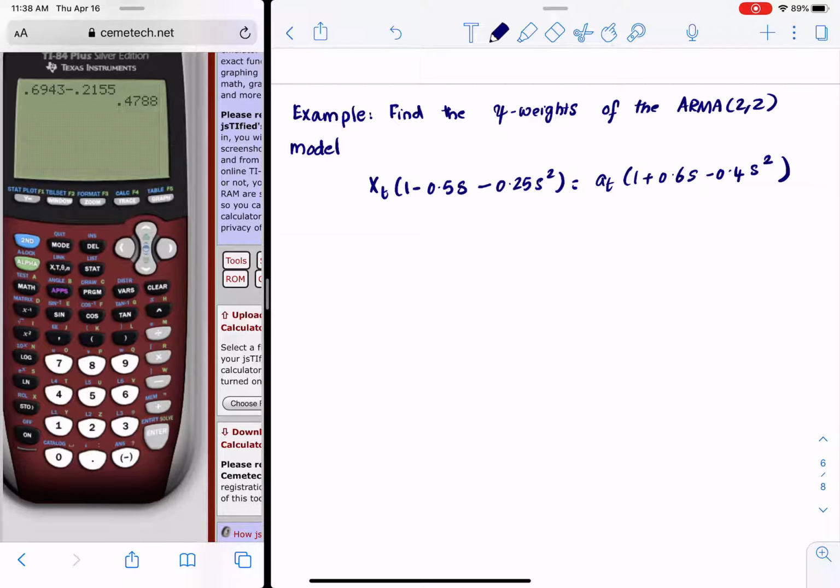Phi 1 is 0.5, phi 2 is 0.25, theta 1 is 0.6, theta 2 is 0.4.